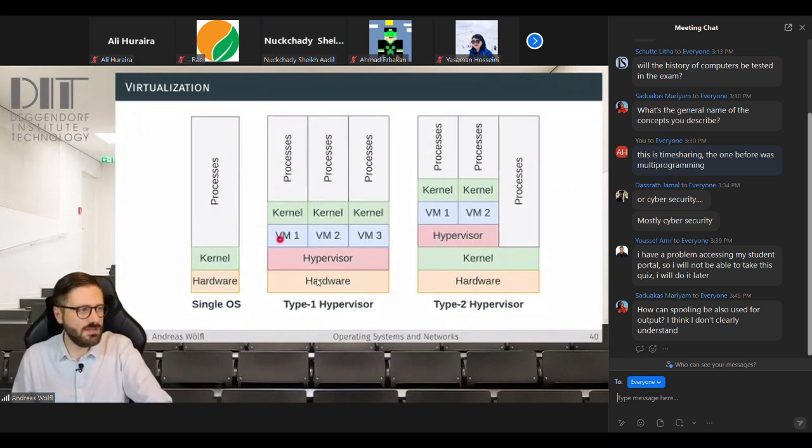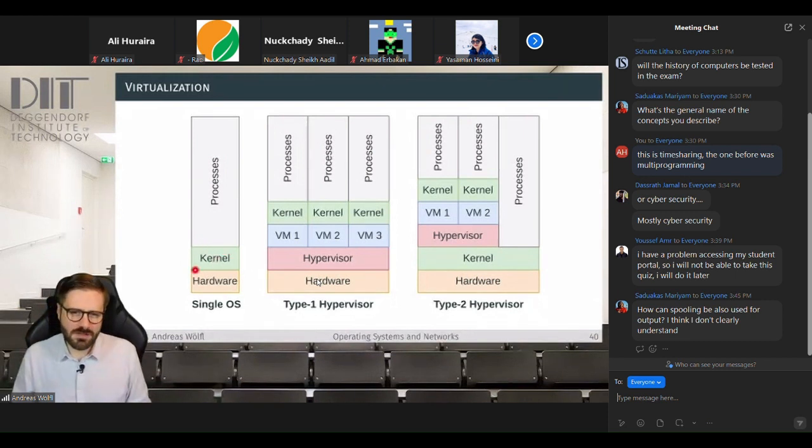So what you see in these three diagrams here, let's focus on the left one, which is basically the story so far. We have the hardware, and we learned today that the operating system is an abstraction over the hardware. The kernel here is the core of an operating system. This is the operating system software, which we call the kernel.